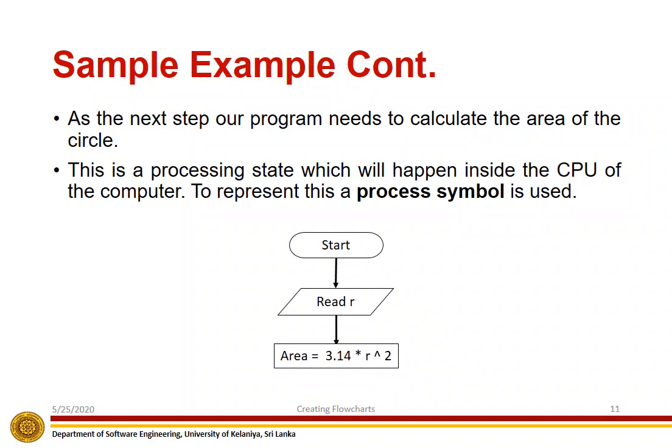Inside the process symbol, inside the rectangle, we have to write the equation that gives the area of the circle: Area = 3.14 * r^2. It will calculate the area of the circle according to the r value and will store it in the variable area.